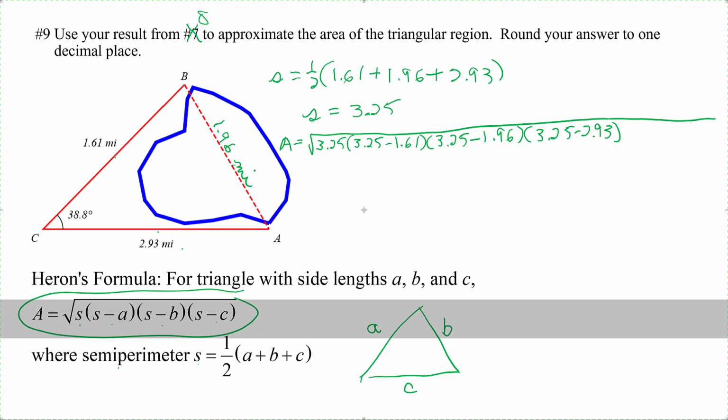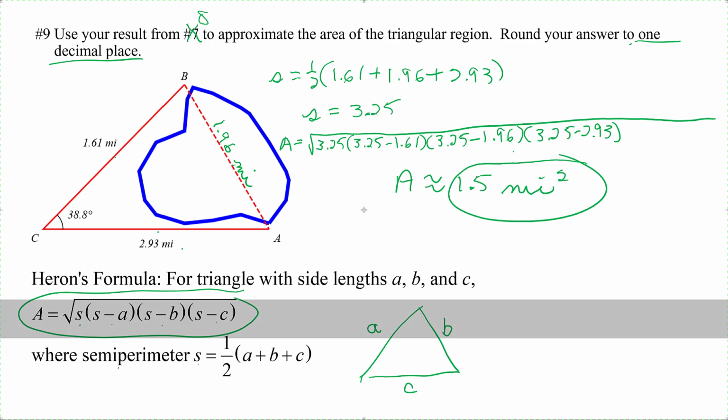Okay, and I guess I didn't need that whole square root, but when you plug this in a calculator, and we're rounding this time to 1 decimal place, we're going to have A is approximately equal to, let's see, I got about 1.5. And notice area is in square miles. So let's write this. Area is approximately equal to 1.5 square miles here. And that would be our solution.